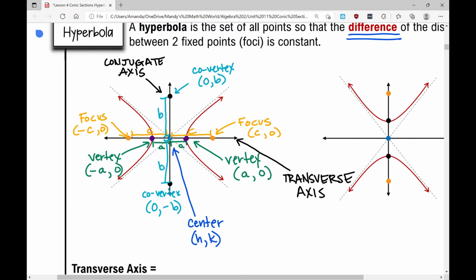That is an asymptote. Here we have an asymptote, and here we have an asymptote over here as well.